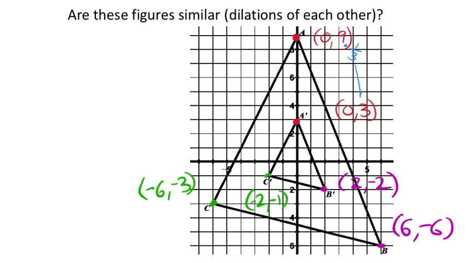And that will give me the image value of 3. Now, will that work for 0 as well? Sure it will. Anything times 0, including 1/3, is still going to be 0.